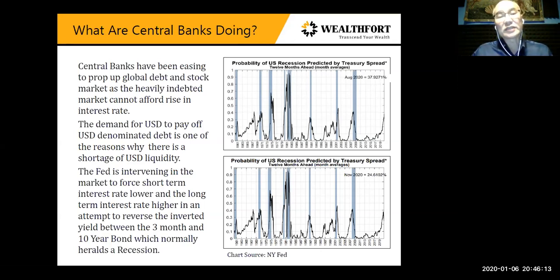So right now they are propping up the debt-infused economy with even more debt. It's like the Federal Reserve is building a house of cards higher and higher, and it just takes a little bit of wind to knock the whole thing down because it's all infused with debt.